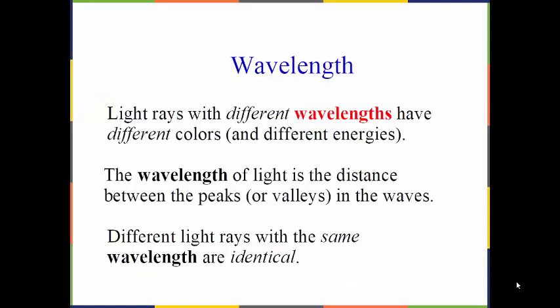Light waves with different wavelengths have different colors and different energies. Once again, the wavelength of light is the distance between any two crests or any two adjacent troughs. Different light waves with the same wavelength are identical.